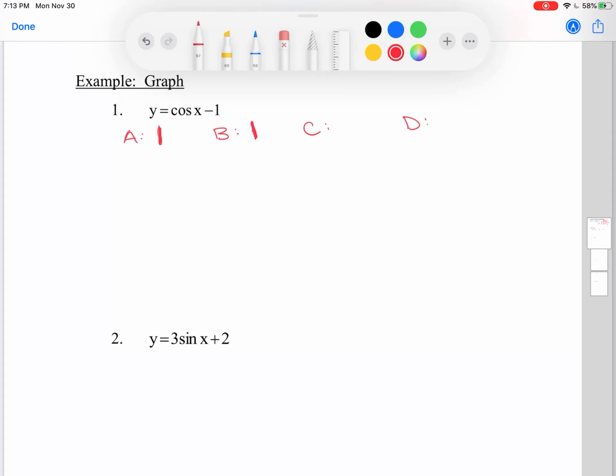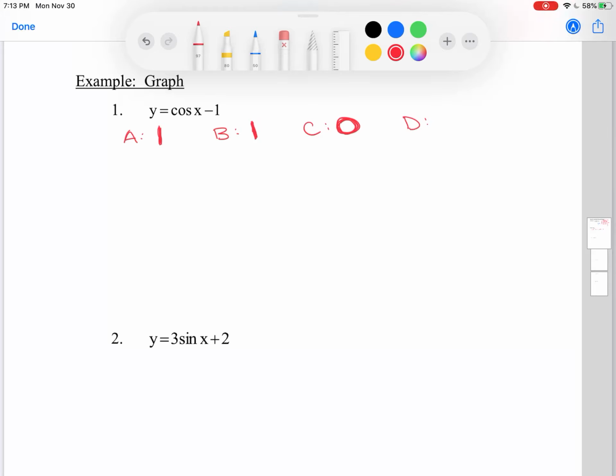C is always going to be in parentheses. If we don't see parentheses, this time it's not going to be 1, it's going to have to be 0. The reason for that is because C is always getting added or subtracted. If you don't see anything being added or subtracted in parentheses, then the only option is 0.